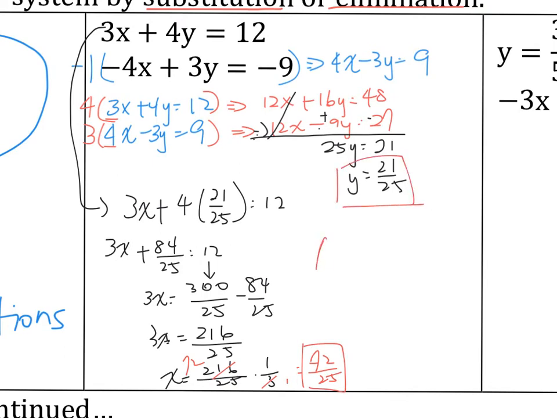Now I can write my final answer as 72 over 25, 21 over 25.